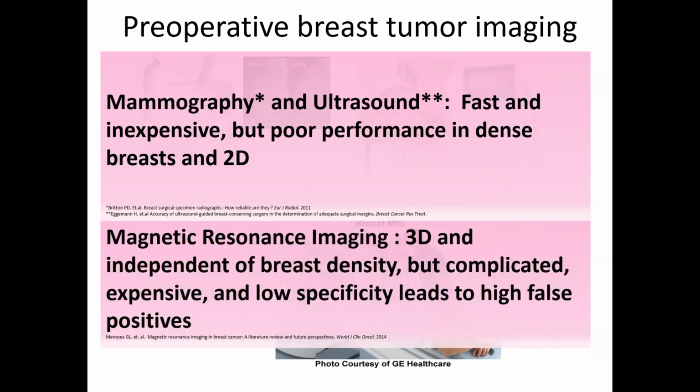On the other hand, magnetic resonance imaging does offer 3-dimensional views and is independent of breast density, but it is a complicated procedure. It tends to be expensive and tends to have a low specificity, which leads to high false positives.